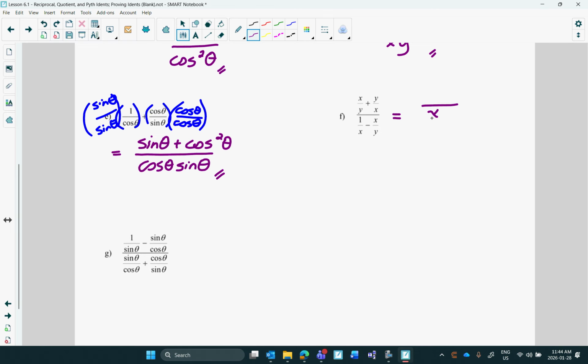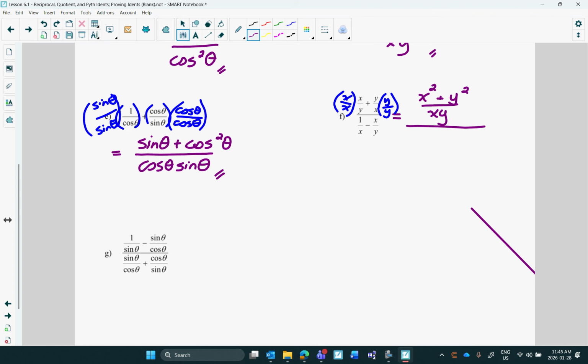So I'm going to write it xy to keep it consistent with this one. What do I have to multiply this by to get this? X, right? So x times the top is x squared. What do I multiply this one by? Y, right? Here, I'll show you. So that gives us plus y squared. And that's just the top.